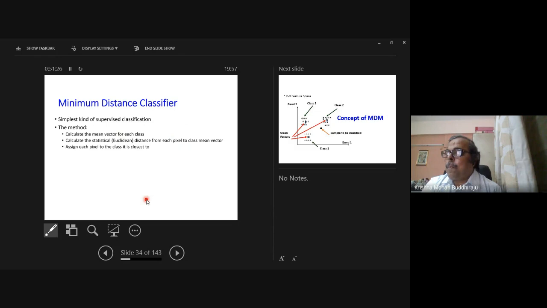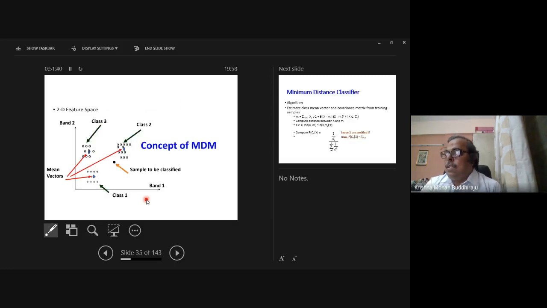One of the simplest classifiers, before we go to more complex ones, I'm introducing the simple classifiers for those who are not familiar with this field. Suppose your training samples are distributed in the feature space. Suppose you have a 2D feature space, feature 1 and feature 2.